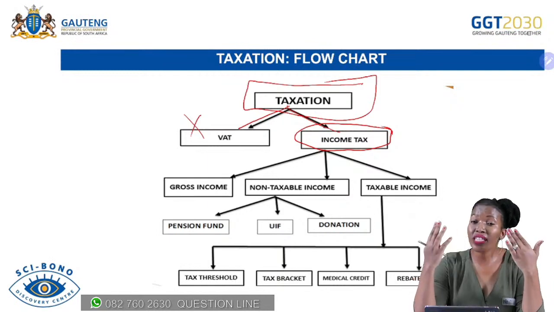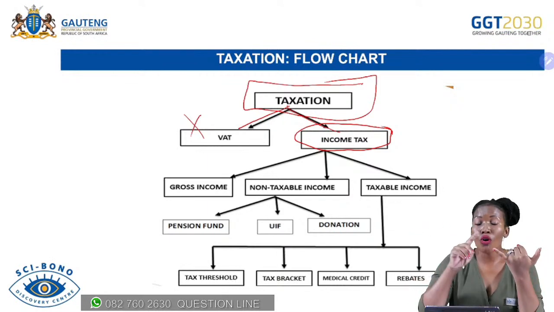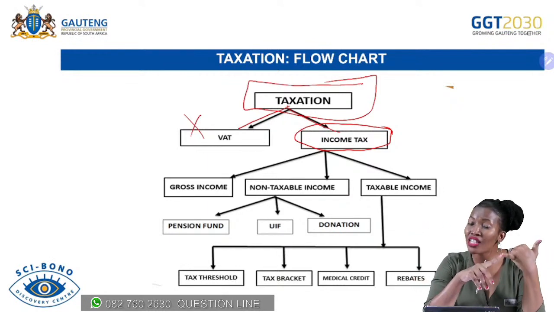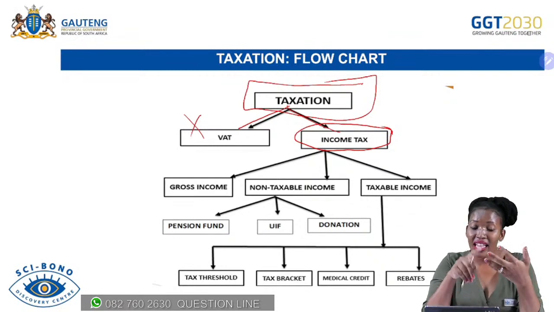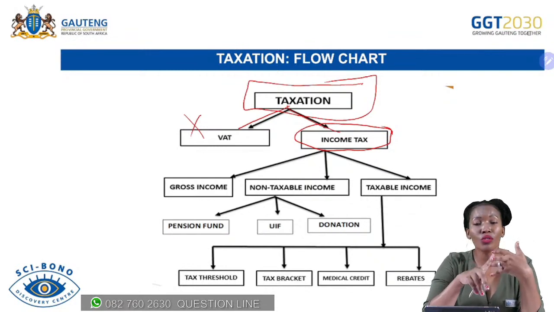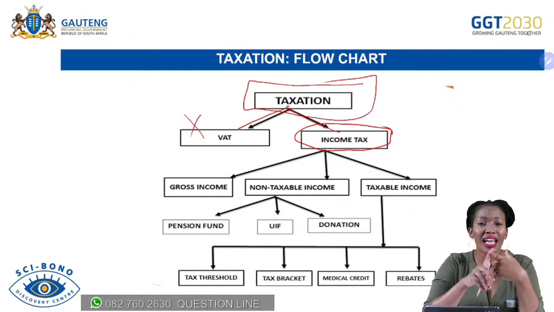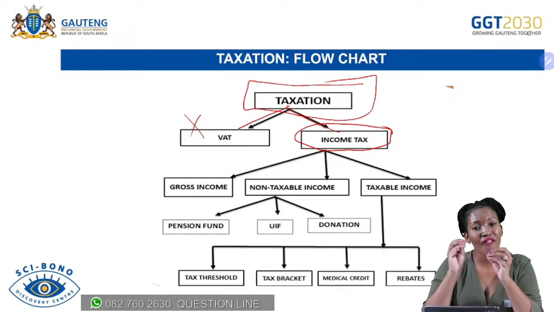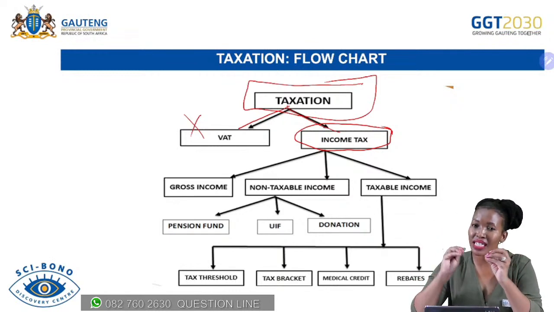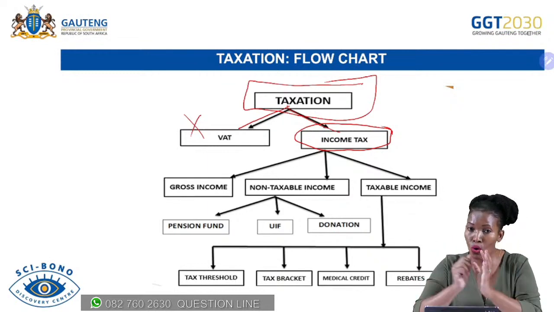So the amount of tax that you are going to pay is always going to depend on how much you are earning and your age and the deductions, whether you are contributing towards UIF, whether you are contributing towards pension funds, medical aid, and all those things. So there are so many factors that will affect the amount of income tax that you are going to contribute.